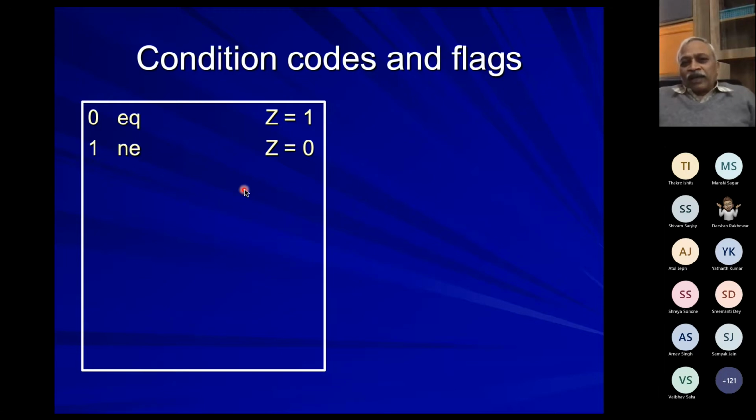When you are comparing, basically you are subtracting, you're doing OP1 minus OP2. If the 2 numbers were equal, if OP1 was equal to OP2, the result would be 0 and flag Z would be set. So Z equal to 1 means that the result of comparison is equal.